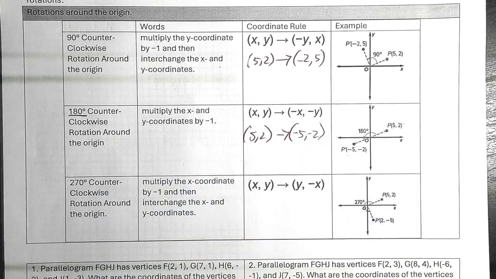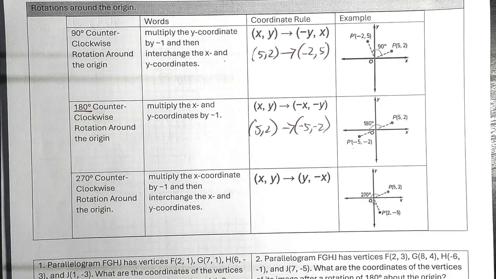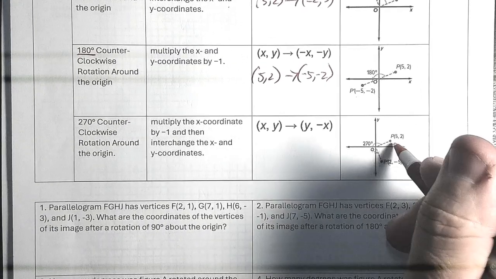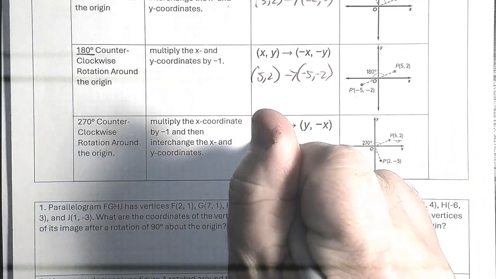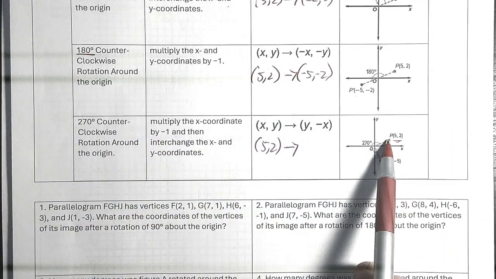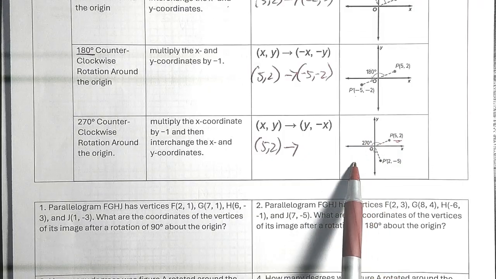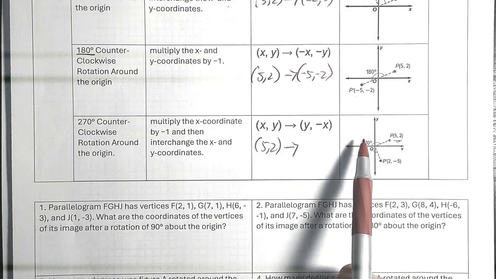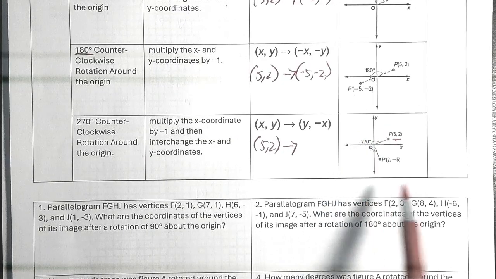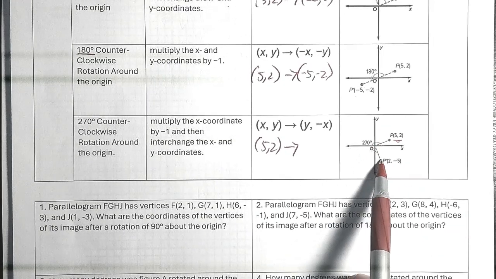Okay, and let's scooch down the page a little bit more. And 270 counterclockwise. P's at the same spot, so he's at 5, 2. So 270 is 1, 2, 3. It's 90 degrees for every quadrant, and 4 quadrants make 360 degrees. So 270 puts us over here.